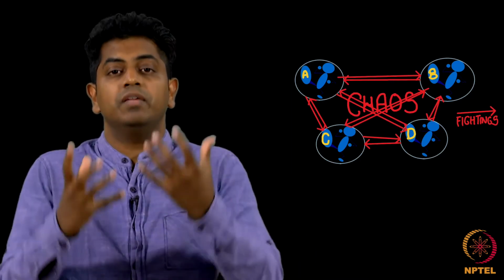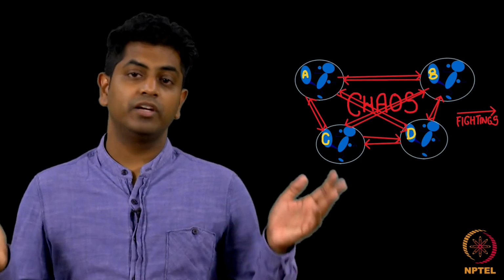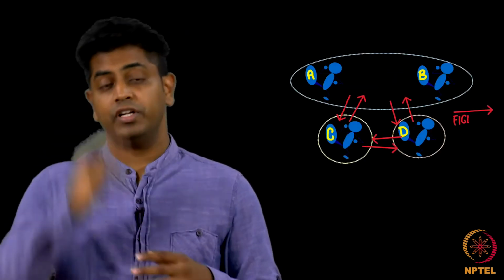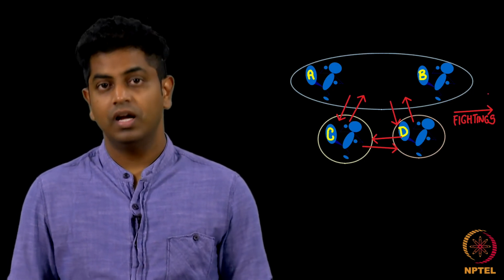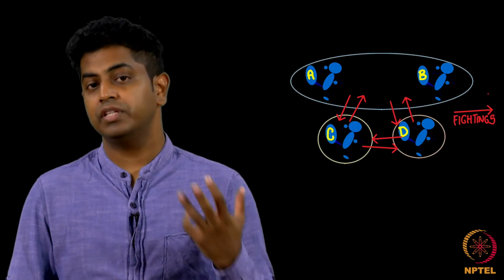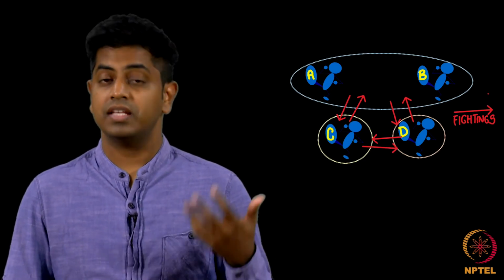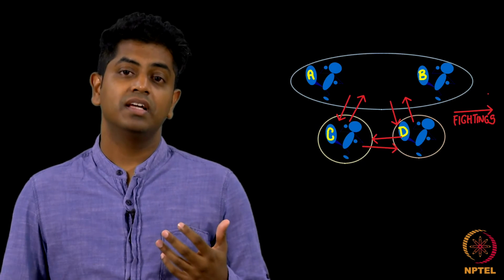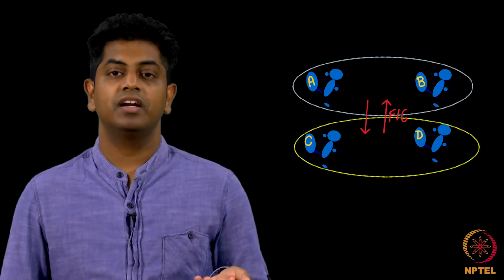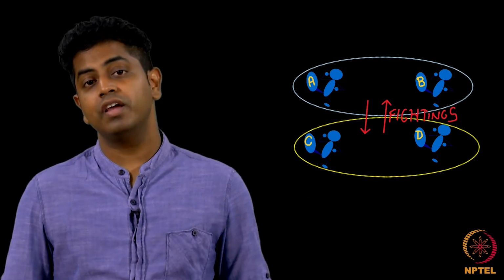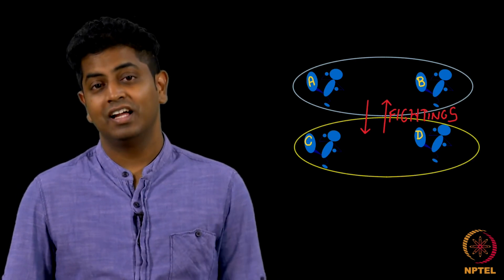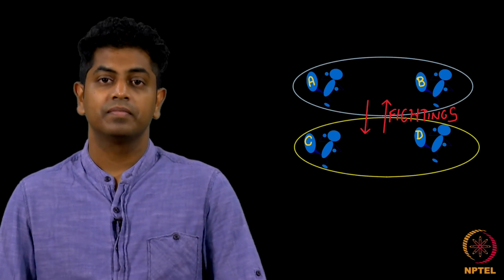So, some kind of an order emerges there, and then they split into a few teams, maybe 3 teams from 4 teams. A, B, C, D is 4 teams. And they realize this cannot continue, and they segregate themselves into 3 teams. Still there is chaos, as I told you before. These 3 teams again get converted to 2 teams. No matter how many people you put, it is always 2 teams. Why is this true? Let us try to look at it mathematically right now.